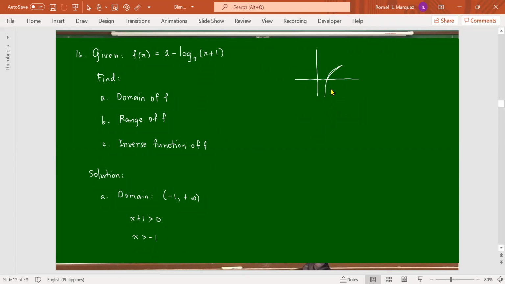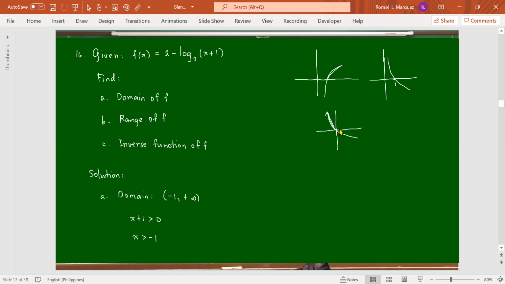But negative, so we're going to flip it. This is supposed to pass through 1, but we have to move 1 unit to the left.